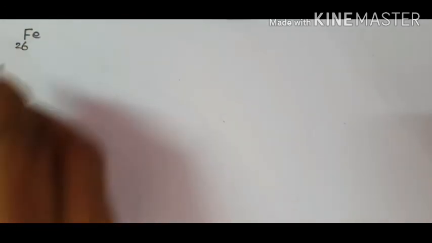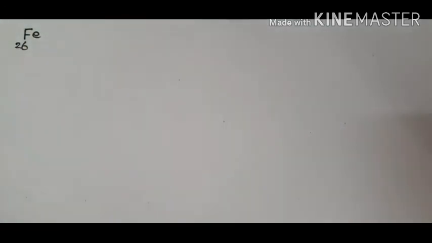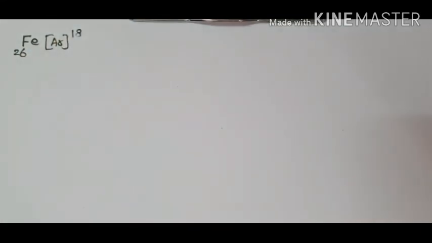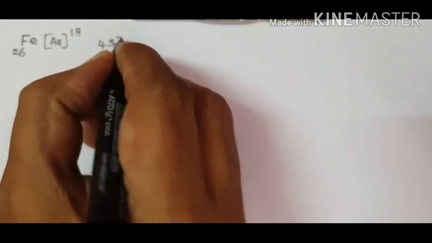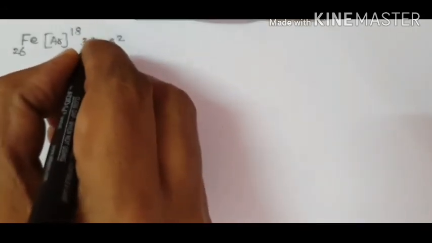Iron, atomic number 26. How to write the electronic configuration, you know? Argon, noble gas, atomic number 18. Then the electrons enter the s orbital, 4s2, 3d6.